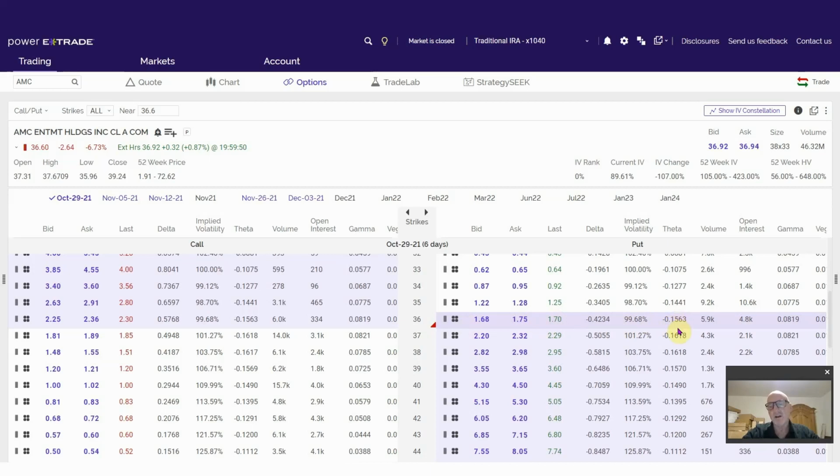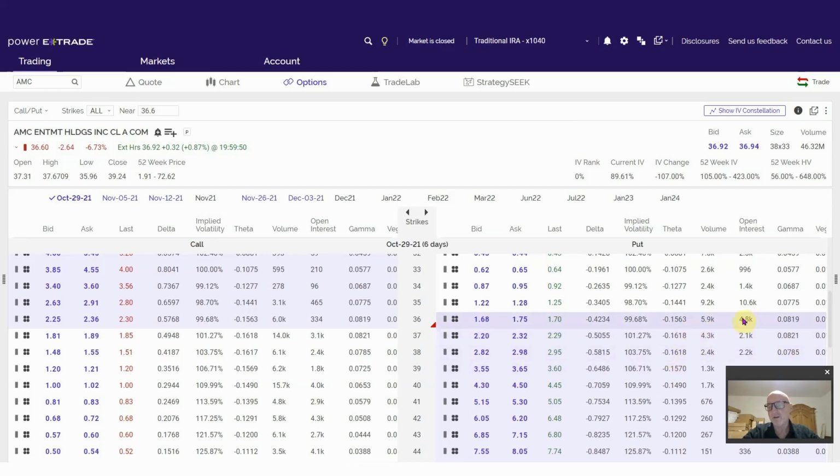So when you're a seller, here's what you tell yourself: I get to put $16 per day in my guaranteed pocket, because tomorrow, if I want to buy it back, I'm going to buy it back $16 cheaper. If I wait 2 days, I'm going to buy it back $32 cheaper. So this is telling you how many days you might have to wait before you can buy this thing back.